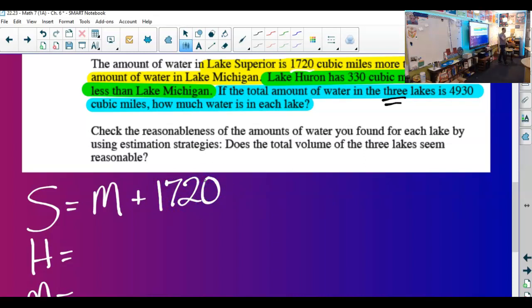Try to do the same thing for Huron. Try to take that statement they told us about Huron, write it out related to Michigan. Lake Huron has 330 cubic miles less than Lake Michigan.